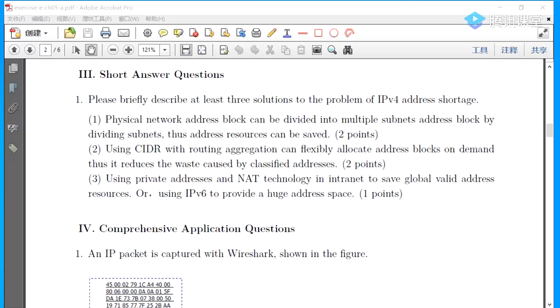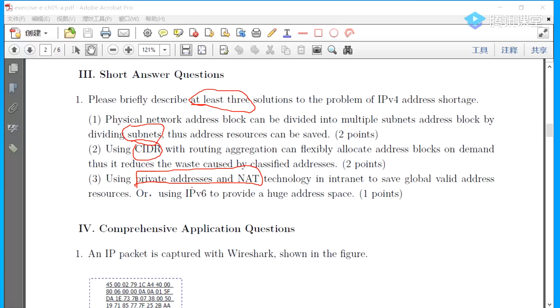So we have listed 4 schemes. The question needs at least 3. The first is subnetting. The second is using CIDR. The third one is private address and NAT.